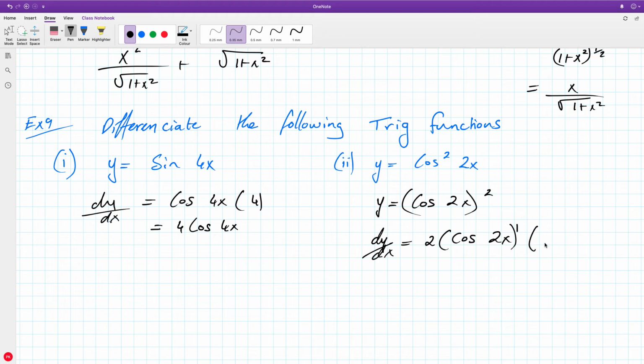I get minus the sine of 2x, by 2. Is that alright? So that's equal to 2 times the cos of 2x by minus the sine of 2x.